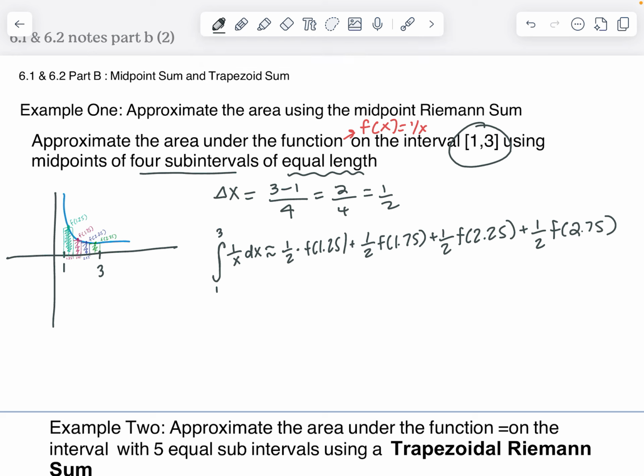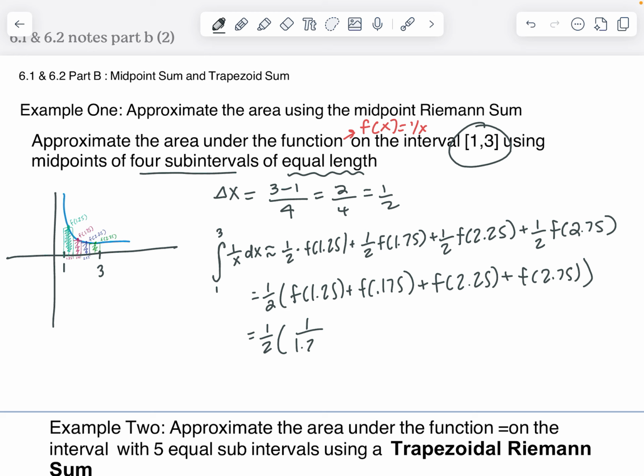Now I'm just going to keep going. The widths are all the same, so I'm just going to factor out the 1/2. And then to actually find these heights, I'll use the equation of the curve. The equation of the curve is 1 over x.